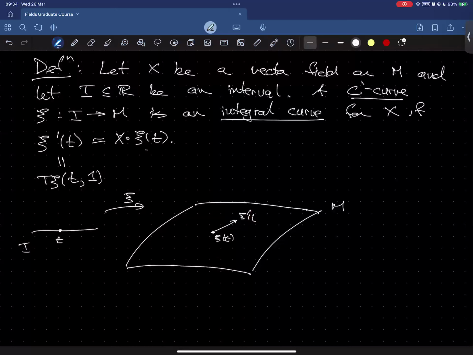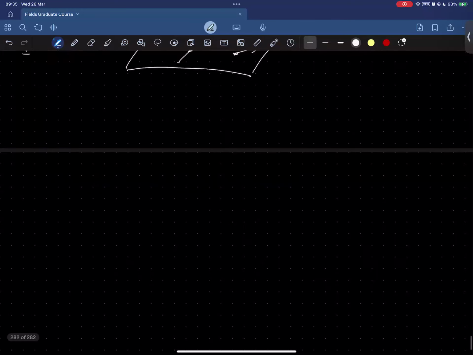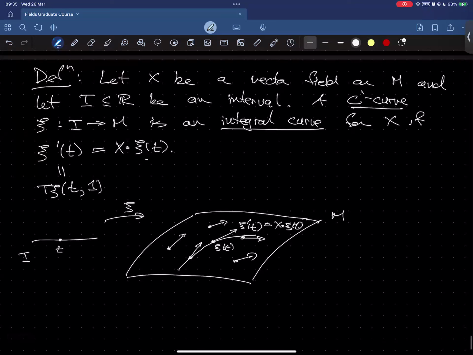But if it's an integral curve, this thing is equal to X at C of t, and that's true for every point. So let's say my curve C looks like this. At every point along the curve, the tangent vector to the curve is equal to the specification of the vector field at that point. I have all kinds of tangent vectors prescribed by the vector field off the curve, but I'm only interested in the ones on the curve. So that's an integral curve.